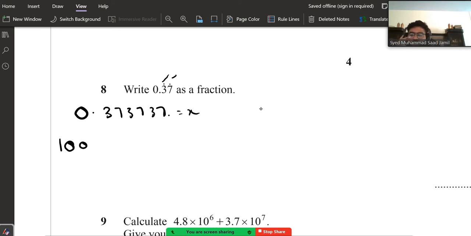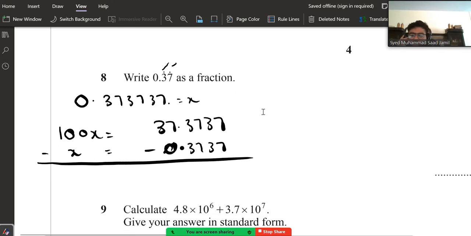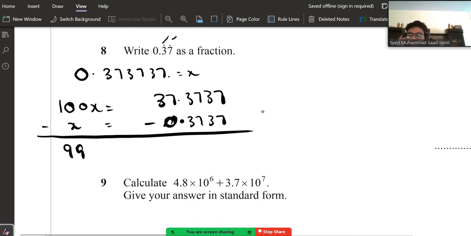So you multiply it with 100. 100x is equals to 37.3737. And subtract it with just x. So basically it means we are subtracting it with 0.3737. If I subtract both sides of the equation, it becomes 99x is equals to 37. So x is equals to 37 upon 99.